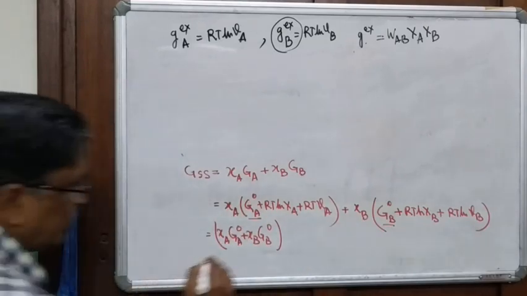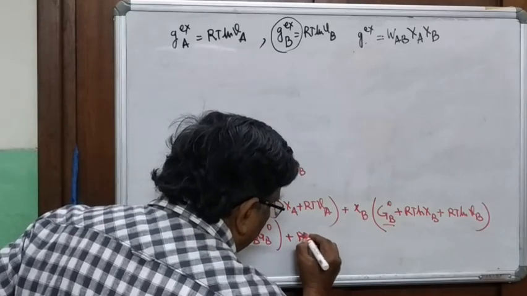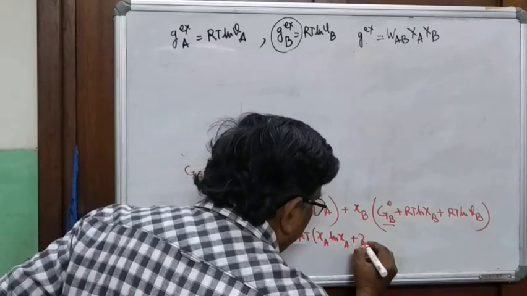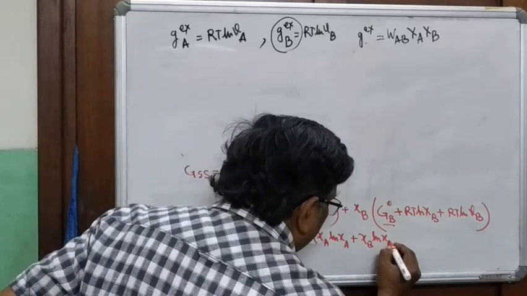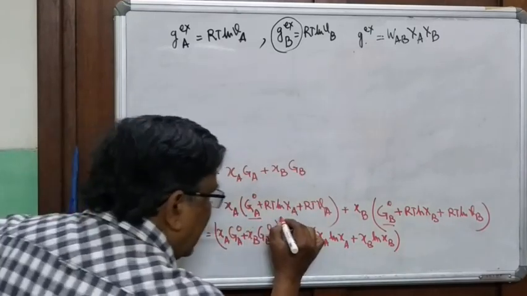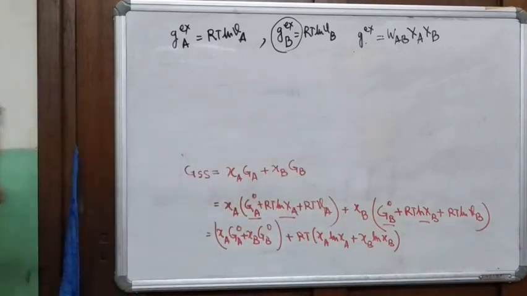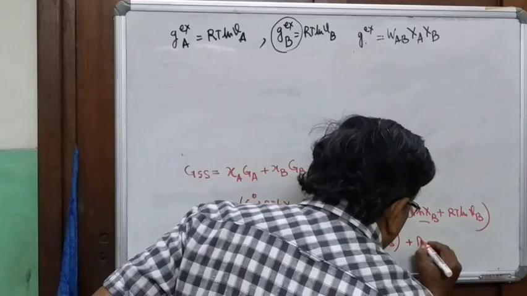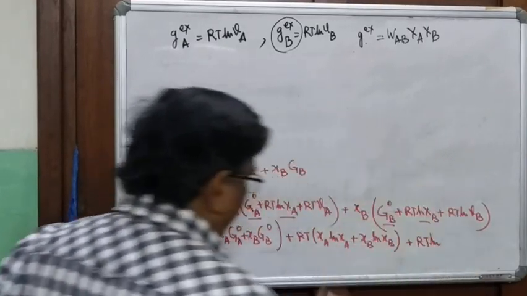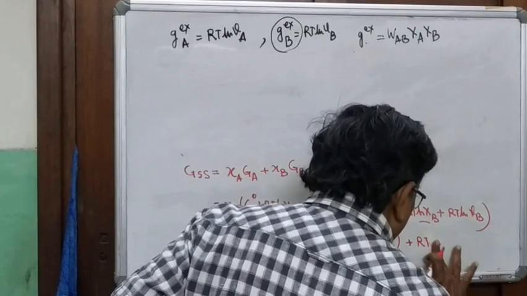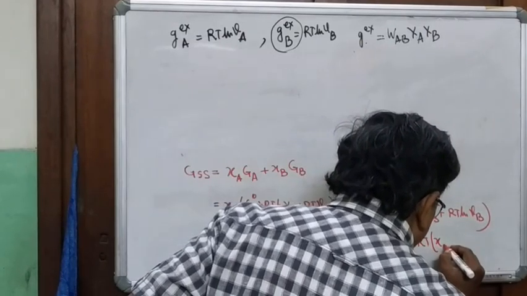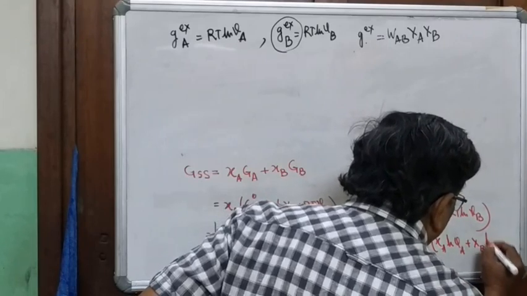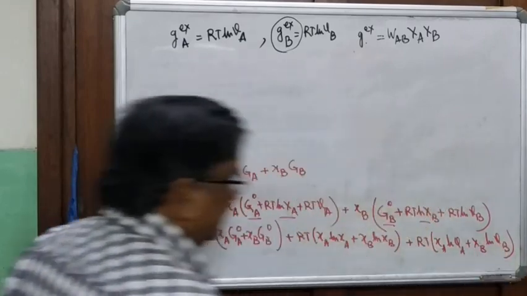Then we take out plus RT times X_A ln X_A plus X_B ln X_B. So we have taken out this term and this term. And then we take out plus RT times X_A ln gamma A plus X_B ln gamma B. That's the three terms that we're taking.